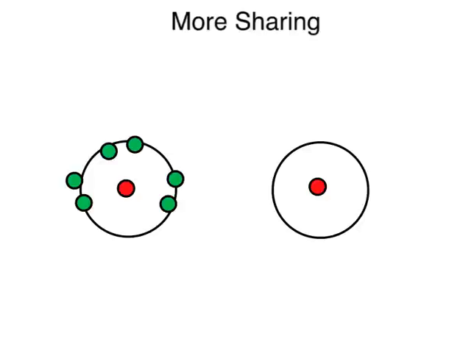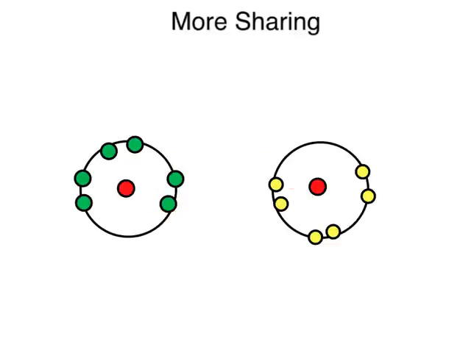So we've got our 6 green electrons, and let's put in our 6 yellow electrons here. Now, both atoms have got 6, but they need an extra 2. We get the 2 from the other oxygen.